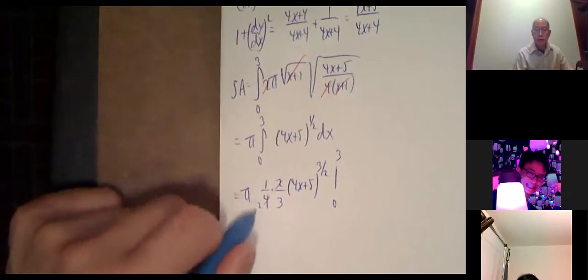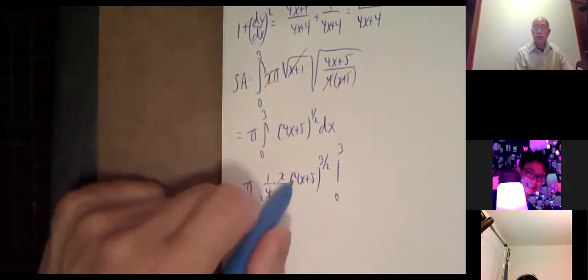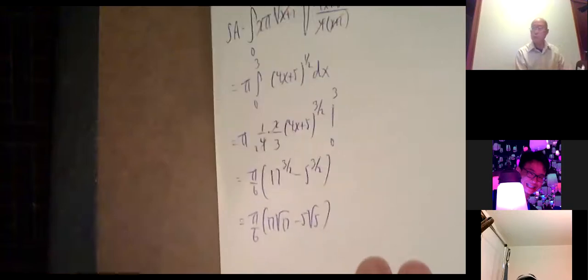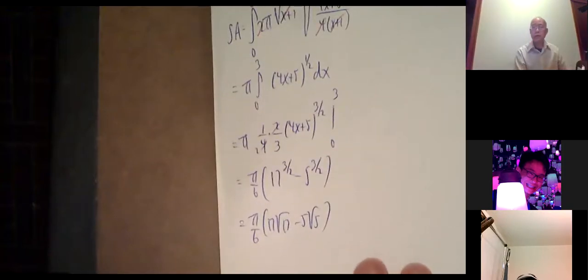So cancel, cancel 2. That's going to be pi over 6. Plug in 3. 4 times 3 is 12, plus 5 is 17 to the 3/2. Plug in 0, 5 to the 3/2. So it looks like pi over 6, 17 radical 17 minus 5 radical 5. So that looks like the answer for that one.